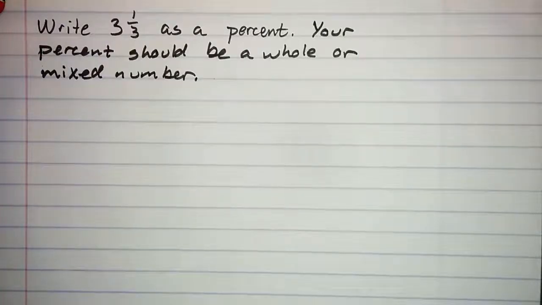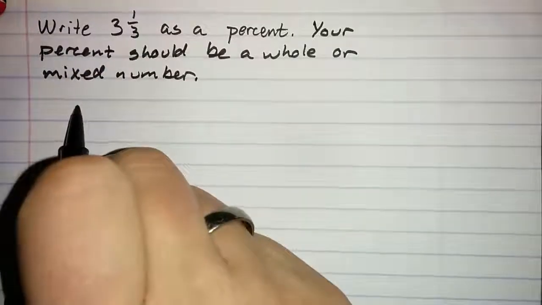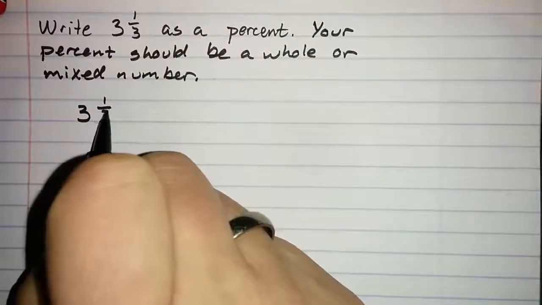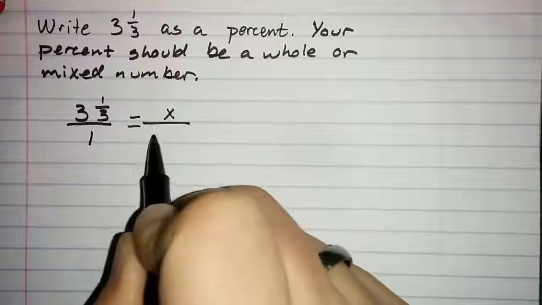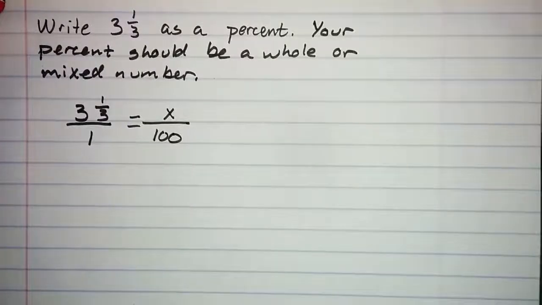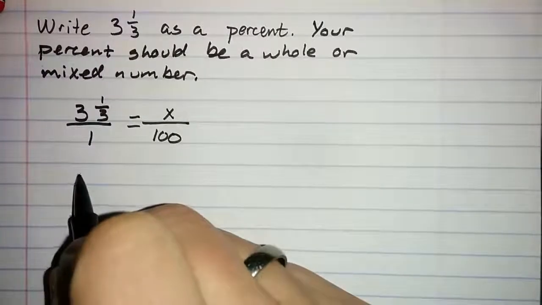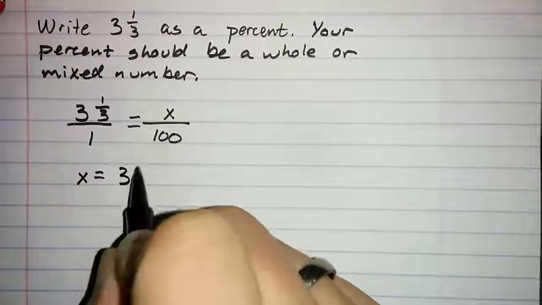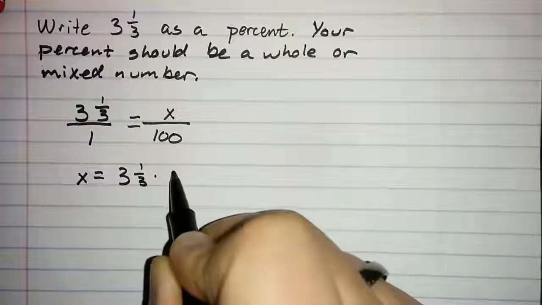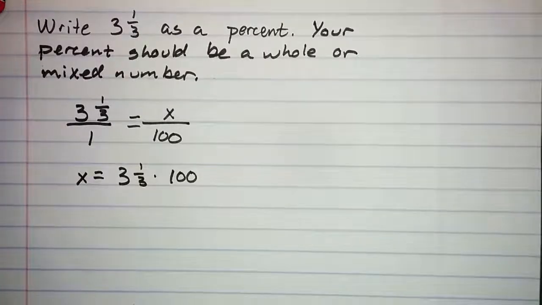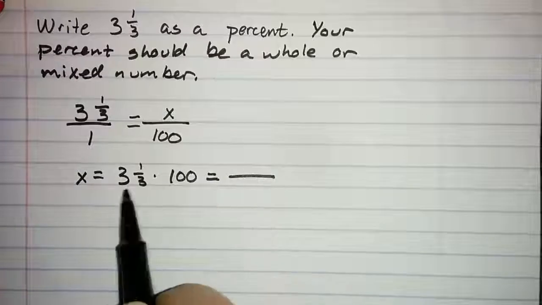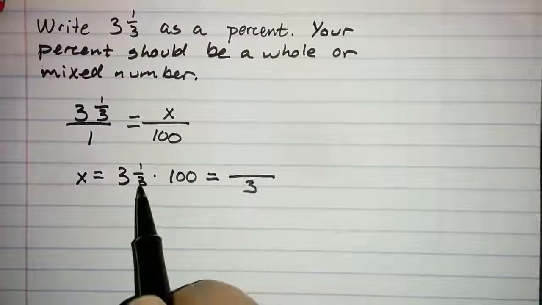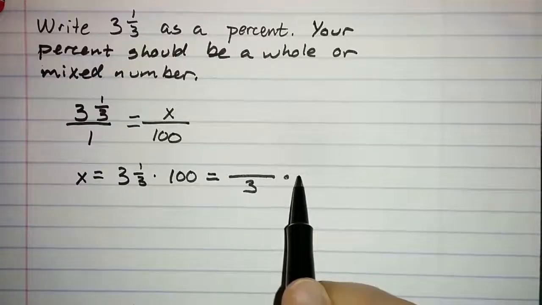All right, what's this going to look like? Well, I still want to use my proportion. I'm going to say, well, this is just some sort of number. I'm going to say my some sort of number over 1 is x over 100. Cross multiplying, I'm going to get that my x is 3 1/3 times 100. In order to actually do this multiplication, I'm going to need to write my 3 1/3 as an improper fraction.